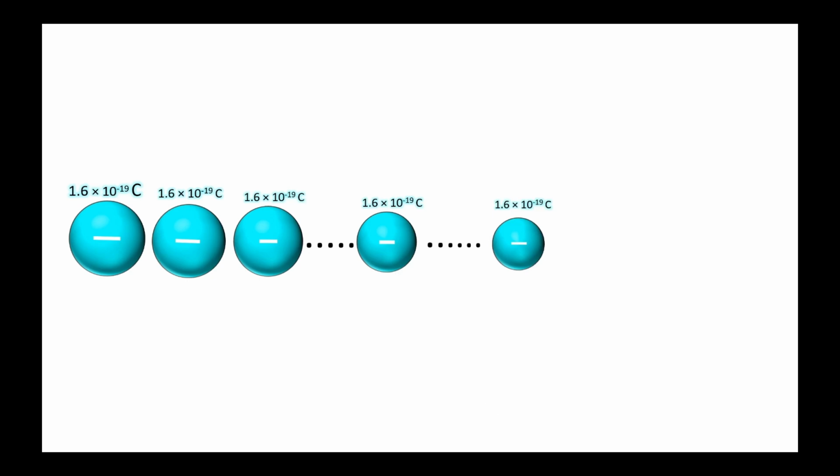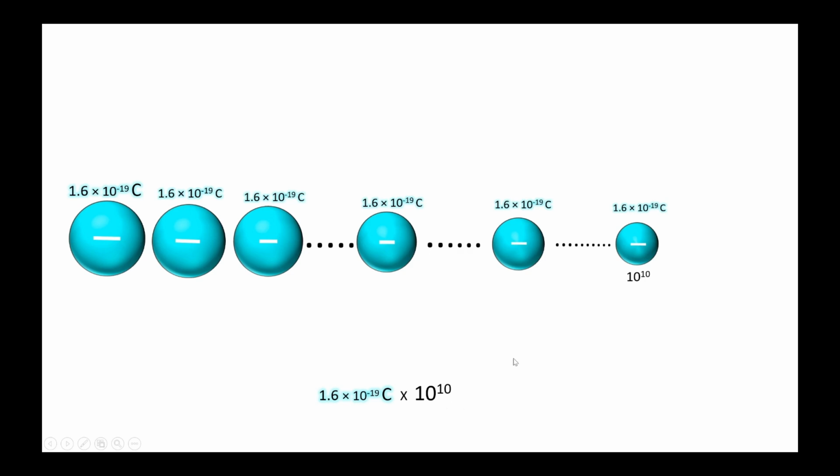If you take 1000 electrons, the charge is 1000 × 1.6 × 10^-19, and that 1000 is indicated by 10^3. If we take 10^10 electrons, then the charge is 1.6 × 10^-19 coulombs × 10^10.